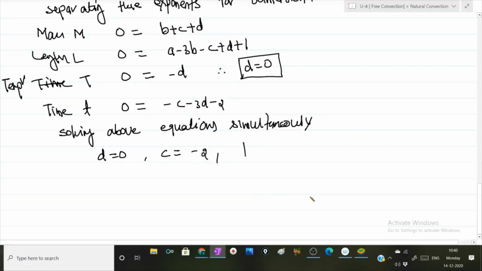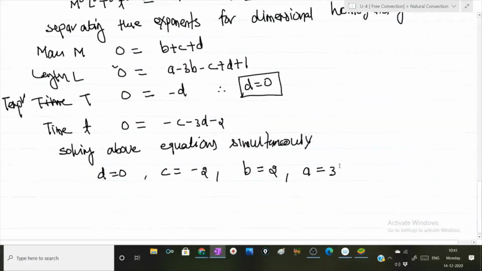If you put the values of c and d into this equation, I will get the value of b as 2. And finally, if I put the values of b and c into this equation, I will get the value of a as 3. Okay, d, c, b, a.